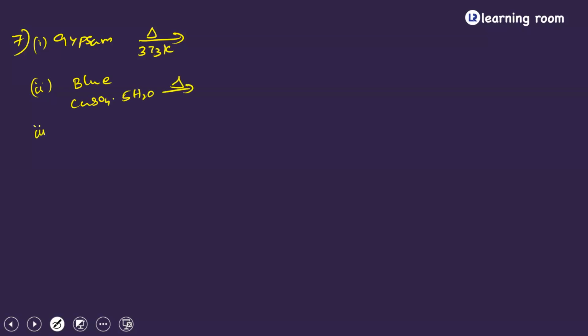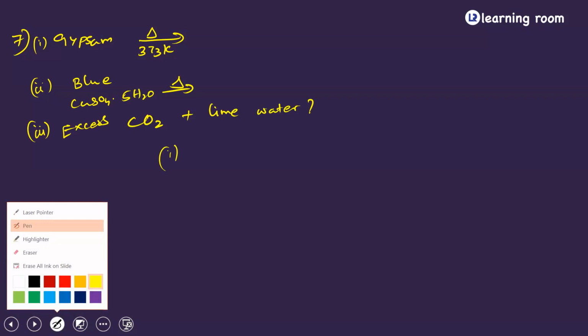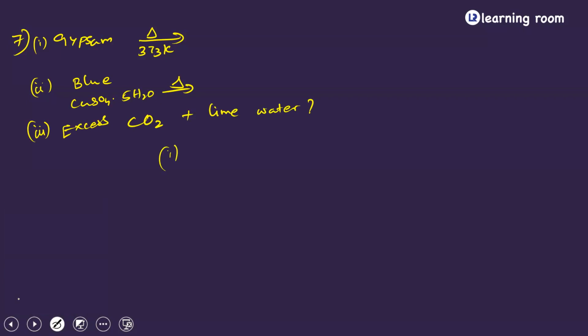When excess carbon dioxide is passed through lime water, you tell me the equation. What will happen? Very good. What is the formula for gypsum? CaSO4 of H2. Very good. What about the second one?